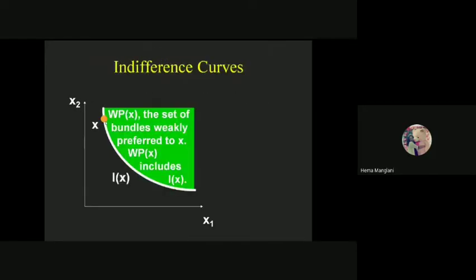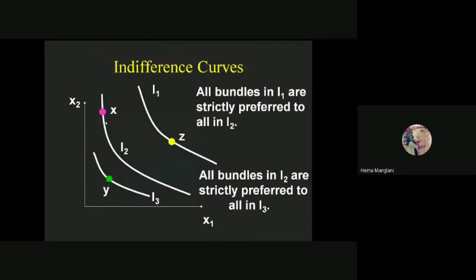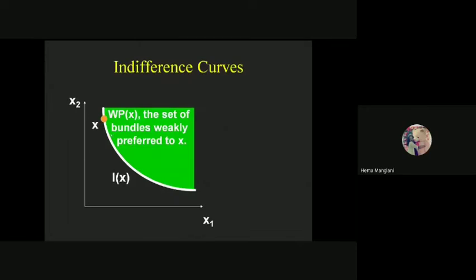See, I'm coming again to this particular analysis. This X is revealed preferred to this IX. If I do say it is a weak order, it means it's somewhere arbitrarily close to this particular bundle or somewhere here. Then you can also say this WPX, the set of bundles weakly preferred to X, because it somewhere includes it.